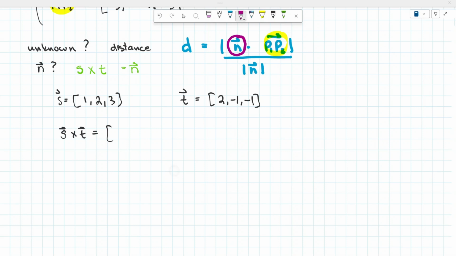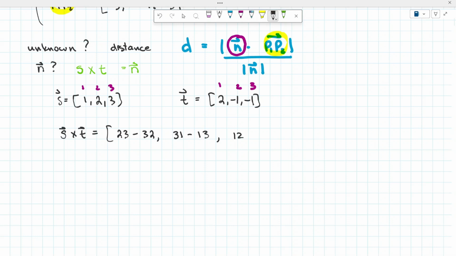So what I mean is we're going to call this 1, 2, 3, and this 1, 2, 3. Those are the indices I'm going to refer to in this problem. The first placeholder refers to s, and the second placeholder refers to t. So we need 2 times 3 minus 3 times 2, then we need 3 times 1 minus 1 times 3.